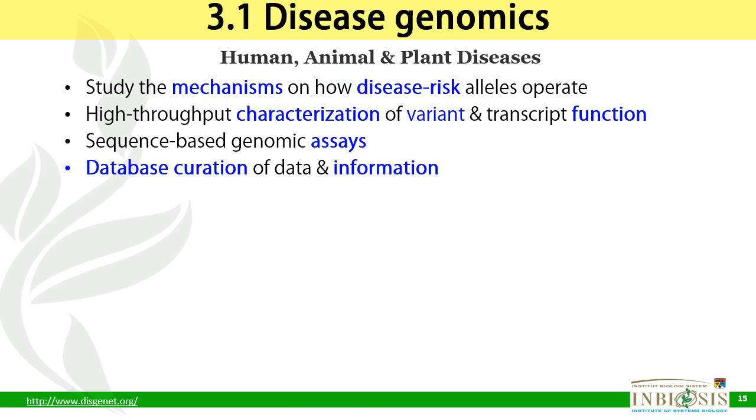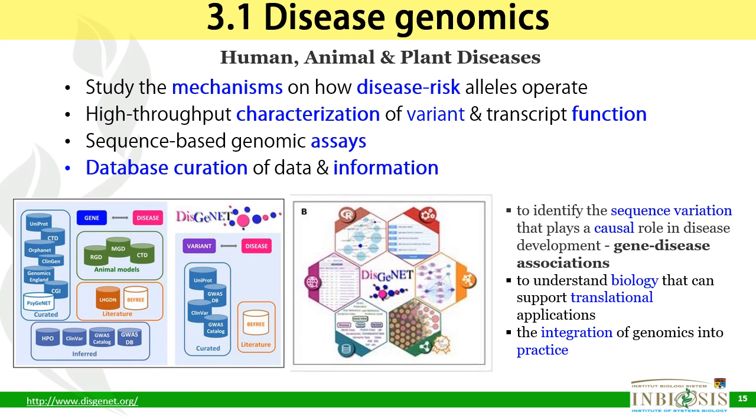So for disease genomics, which covers human, animal, and plant diseases, we mainly focus on studying the mechanism and gene-disease associations through sequence-based assays, and to characterize variant function, usually curated in a database. This is a well-known human disease gene association database, GeneNet, with the ultimate aim to enhance knowledge and biology of diseases.